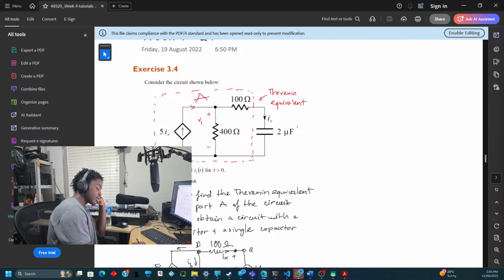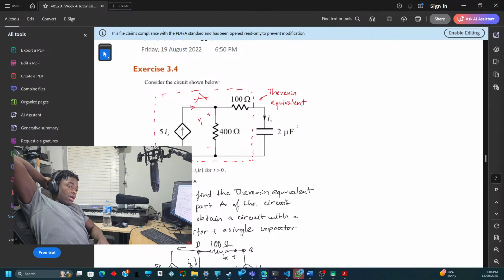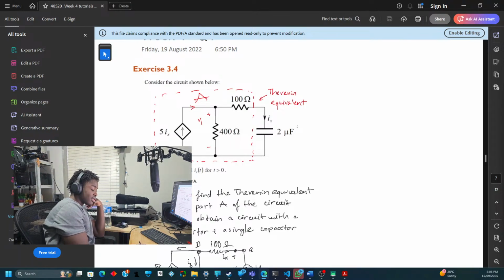So this is equivalent to A minus B divided by 200 is equal to Ix.